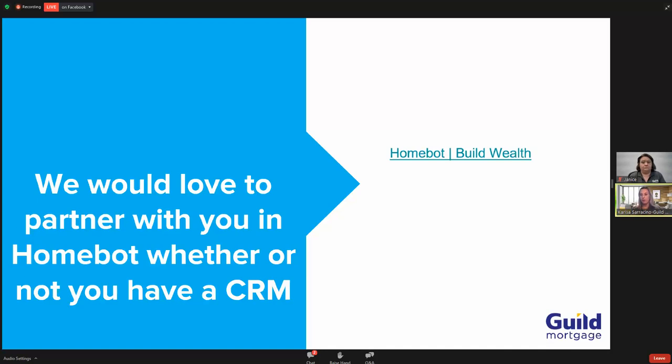It'll have your information on it so that they can reach out to you. It gives them all the details about their home, or if they're searching for a home, details about the area, tells them how much equity they have in the home and what their home value is, and then it allows them to communicate with you, to ask for a CMA or to talk about listing, selling, looking at homes and all that good stuff. So if you have any questions about HomeBot, give us a call.